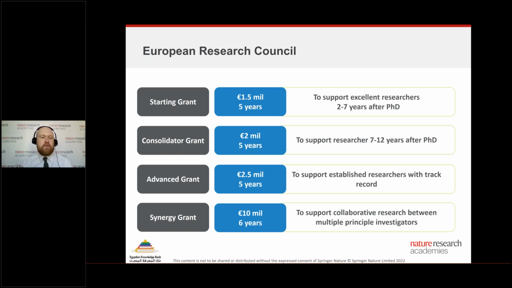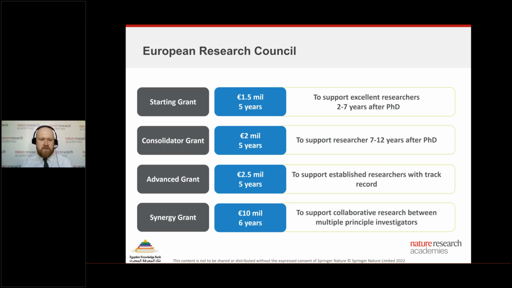So many of the different grants available within the European Research Council are based upon years since a researcher has finished their PhD. The starting grant is most likely to be the most relevant to our audience today, but there is the consolidator grant, advanced grant, and synergy grant.